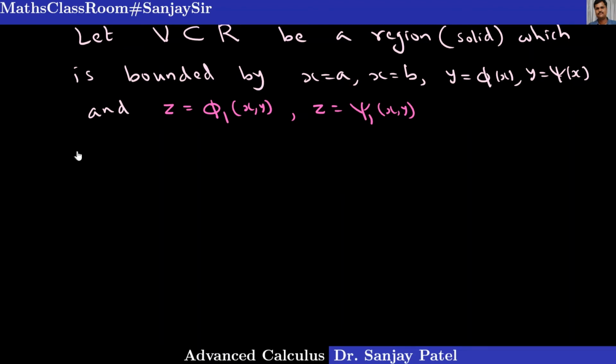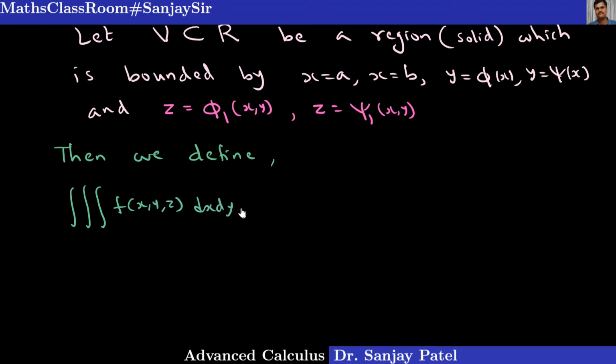Then I can write down, then we define the triple integral of the function f of x comma y comma z, dx dy dz over the volume V as the repeated integral given by x equal to a to b.